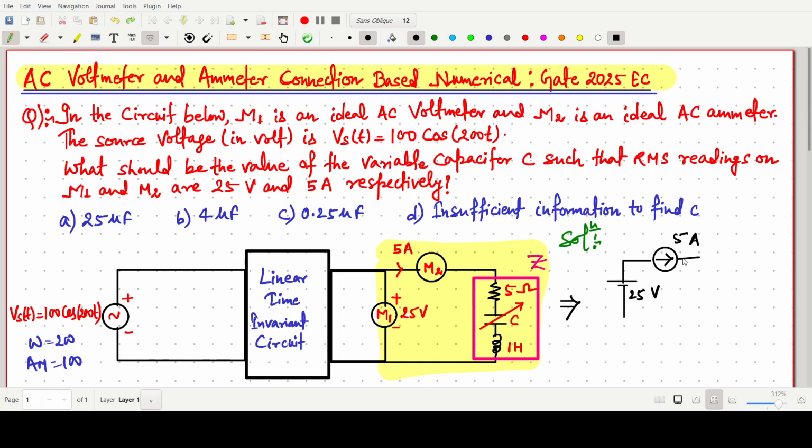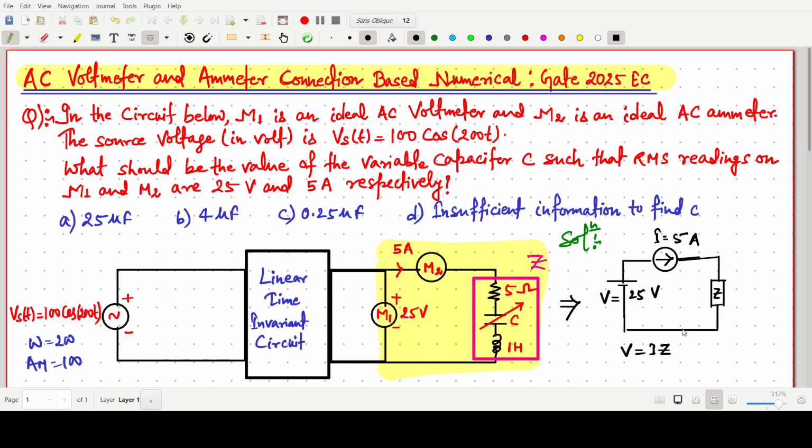This current will go through some impedance, that is our Z. So this one is 25 volt, 5 ampere, and this one is Z. I am calling this V and this I. So we can write V equals I Z.